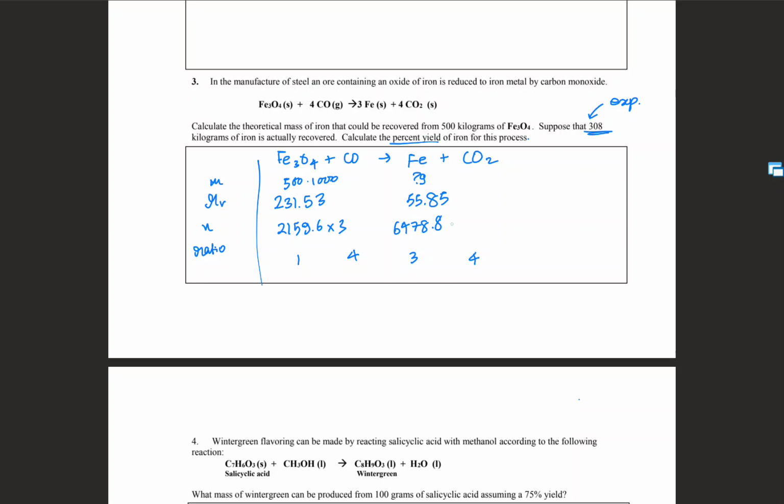Now that we know the moles and the molar mass, we can find the mass by multiplying them together, which will give us 361,800 grams, which is around 361.8 kilograms.